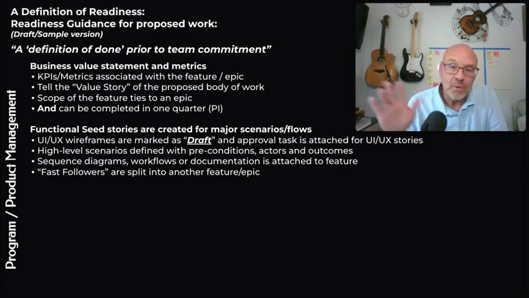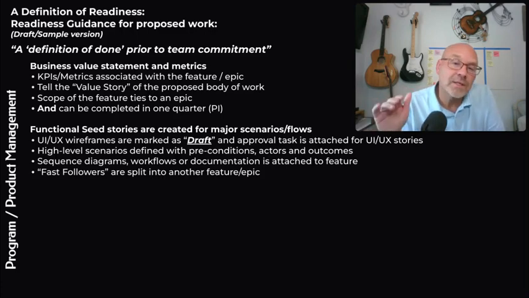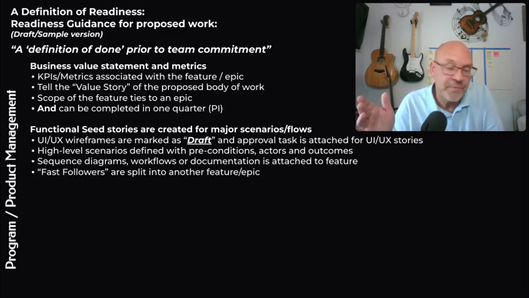If we test this and it works fine and everybody's happy and we're meeting the need and the customers are satisfied and we're in good shape, we may not need that fast follower. We may not even need that second level story or third level story. No problem there. But the point of the exercise is making sure that we're going ahead and doing this fast follower, because somebody somewhere sometime is going to say, why didn't we get the blue sky scenario?